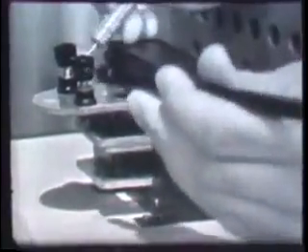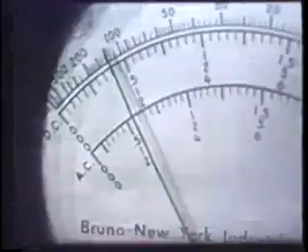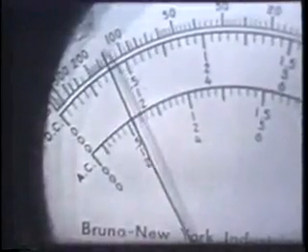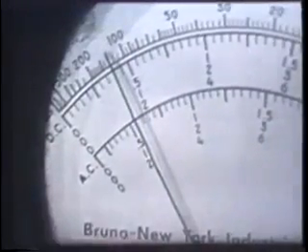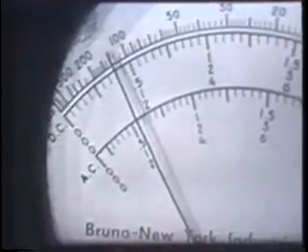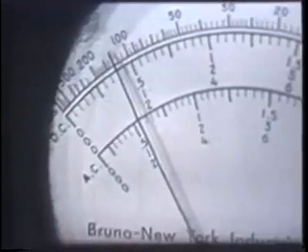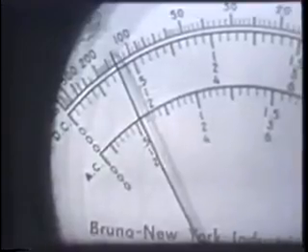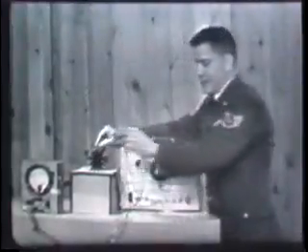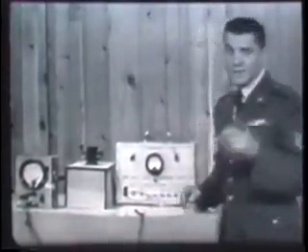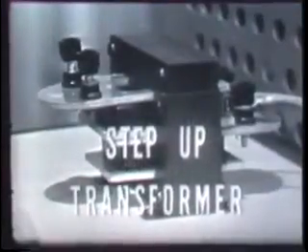So, let's go ahead then and see how much voltage is available at the secondary. If we'll take a look at the AC scale now, and it'll be the middle row of numbers, you can see it indicates 11 volts are available at the secondary. Now, since this is greater than the 6.3 volts applied to the primary, this then readily tells us that this transformer is a step-up transformer.